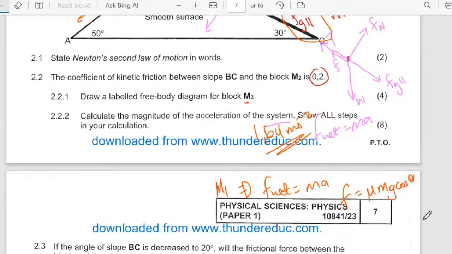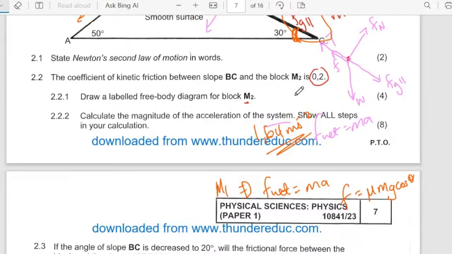We just need to look at what is the cos of 20, and then the cos of 30. So if the angle is at 30, the frictional force becomes small.